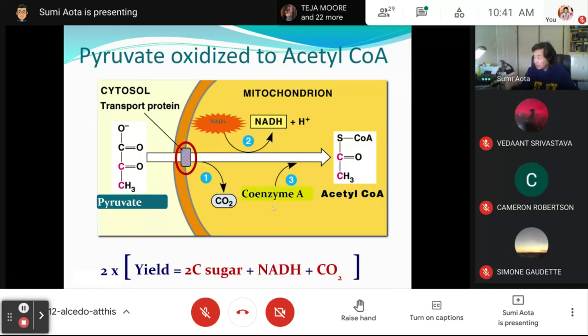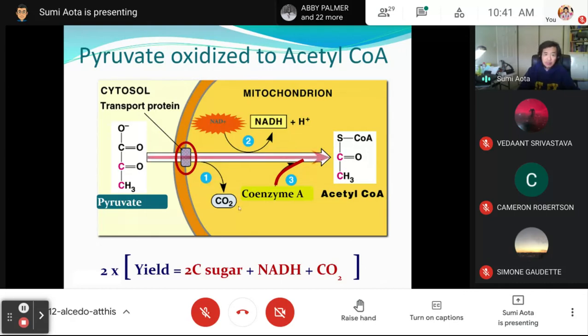Coenzyme A, which is basically a coenzyme, is going to come in and pick up this remaining acetyl group and become acetyl coenzyme A. That's where this molecule comes from. The coenzyme A acts as a shuttle between stage 2 and stage 3.